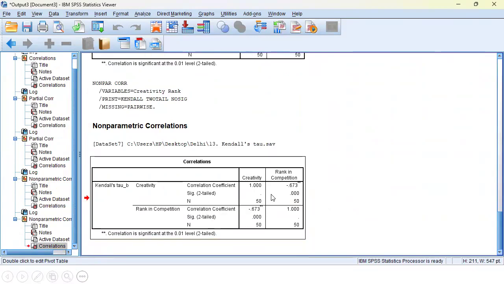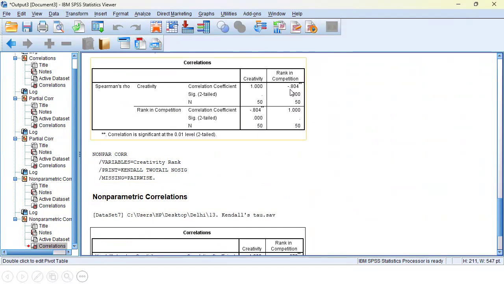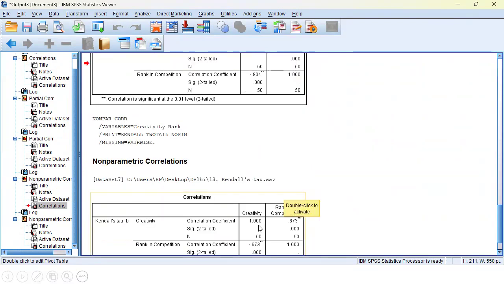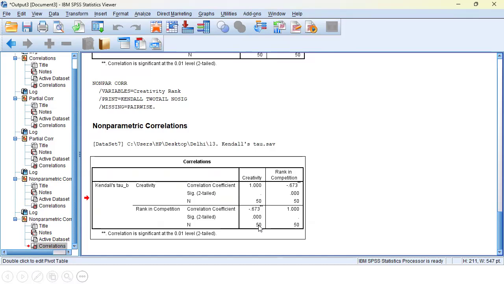Now the relationship is negative, but the degree changes. Here the R value is 0.673 and here the R value is minus 0.804. So for the Spearman correlation coefficient, we should use the Kendall tau method when one variable is continuous and the other variable is ordinal.